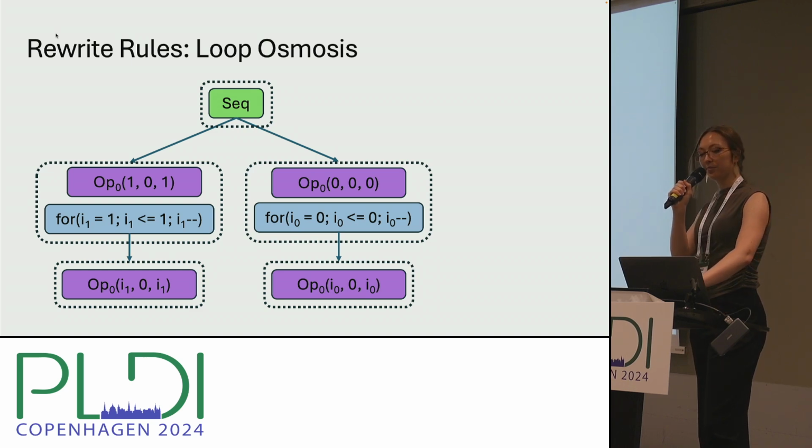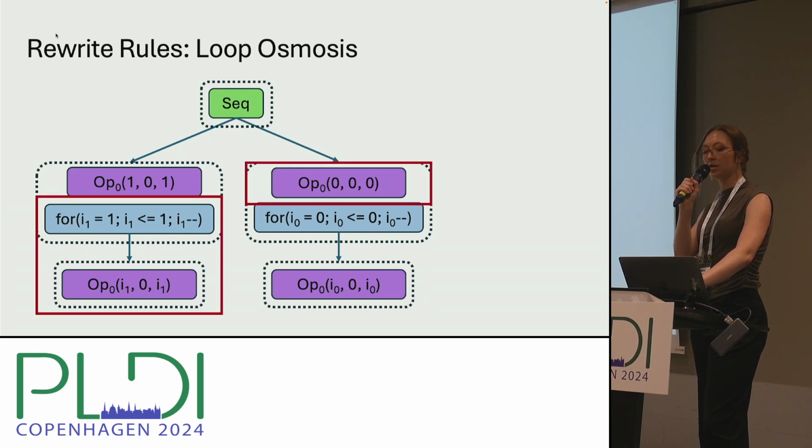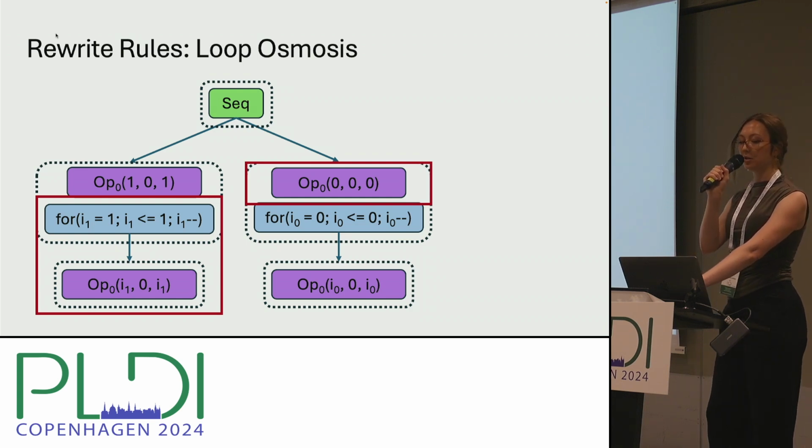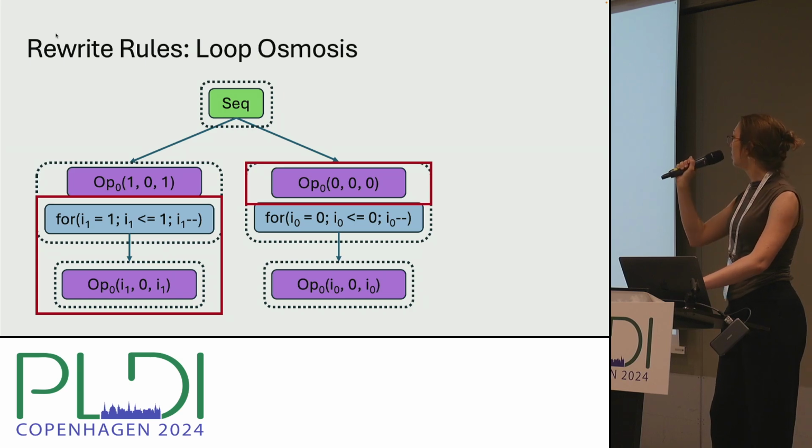So this is the loop osmosis rule, and this rule takes a sequence of a loop and a different operator. And looking inside of the loop, we can see that that abstracted operation on the right-hand side can actually be consumed by the loop on the left if we just change the loop bounds.